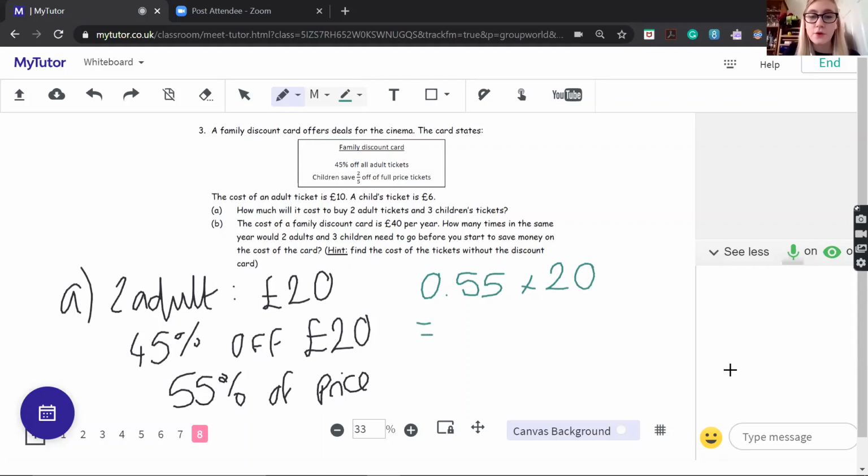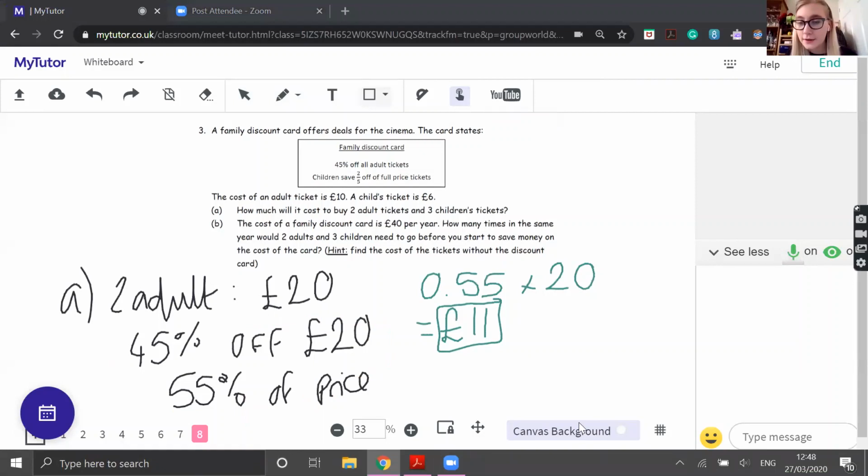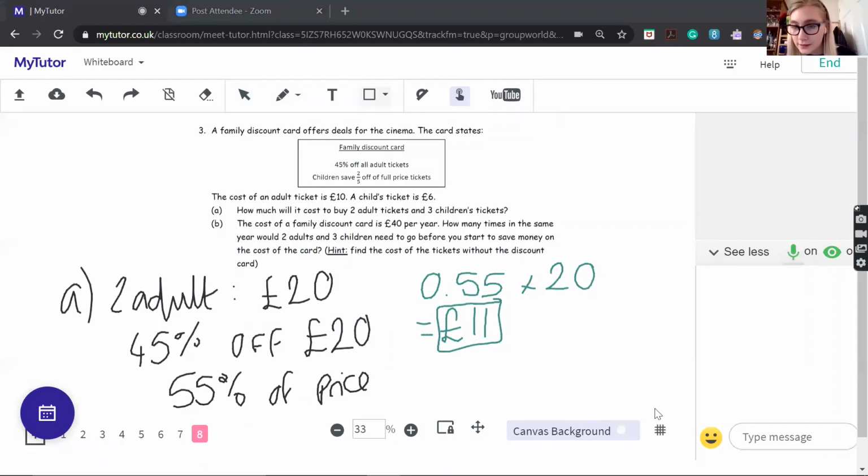So then we can put 0.55 into our calculators, which will give us, I hope it gives us £11 anyway. Yeah, it should do. So that's how much it is in total for the 2 adult tickets. I just think that's a nicer way to do it, because these steps you can all kind of do in your head, so it's 0.55 times 20. I hope that made sense.